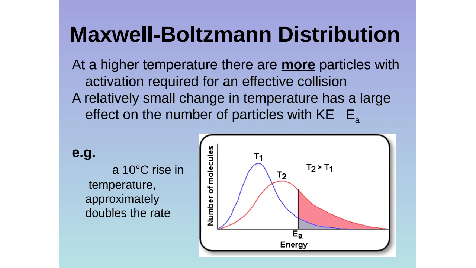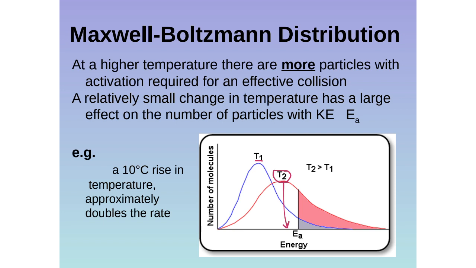We see here that we have two different temperatures. Here's T1, our traditional Maxwell-Boltzmann distribution curve. Here's T2, and T2 is showing us a higher temperature. We can tell this because we have fewer molecules at a moderate amount of energy and fewer molecules at a higher amount of energy right here.